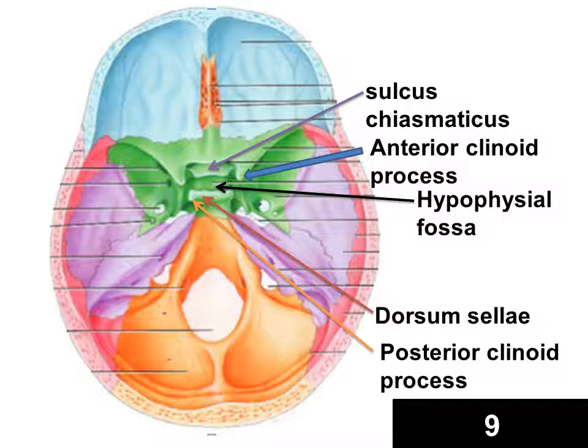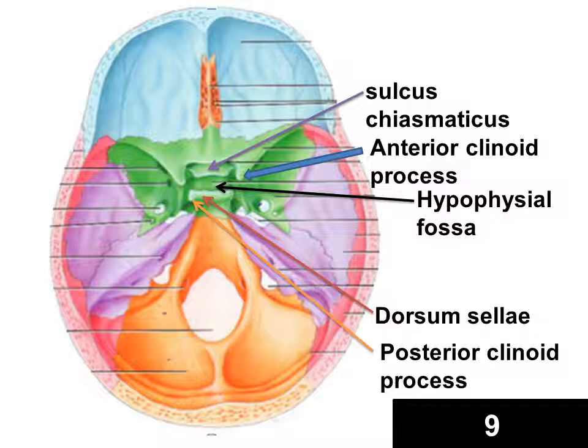Now the anterior slope presents a third elevation called the tuberculum sellae. Behind this tuberculum sellae we have a deep hollow or depression called the hypophyseal fossa, which is occupied by the hypophysis cerebri, or the pituitary gland.